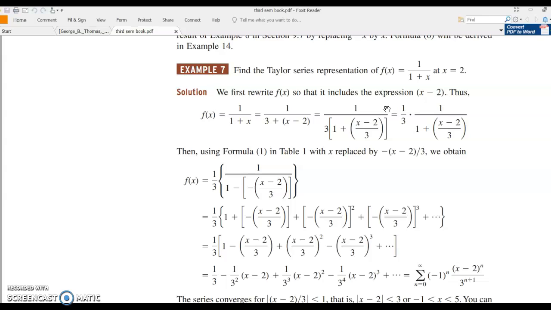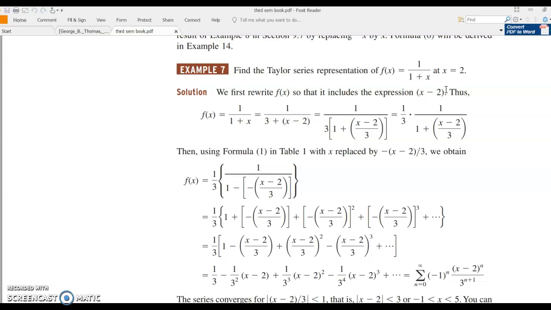Or another way is here. At x equal to 2 means we have to express this Taylor series expansion in terms of x minus 2. At x equal to 1 means we have to find the Taylor series expansion in terms of x minus 1.